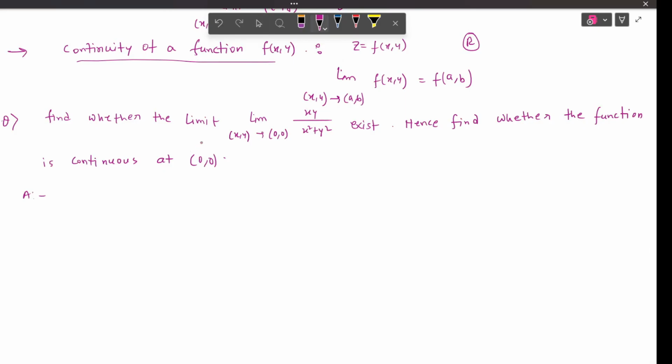See here, let us say we have two functions, y as m1x and y as m2x. Remember, the slopes are not equal.